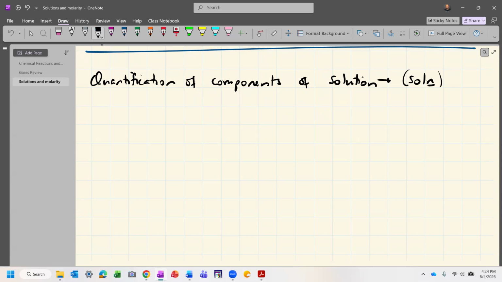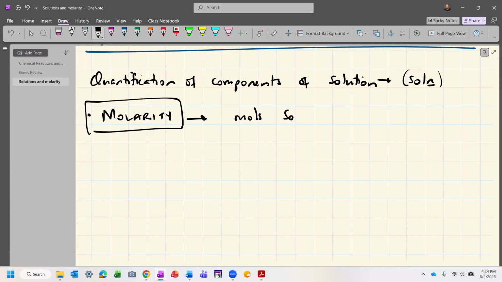What we use, probably the most common way that we can describe the amount in a solution, is a unit called the molarity. This is something that we see quite frequently. We learned about this back in Gen Chem 1. Molarity literally means moles of solute per liter of solution.